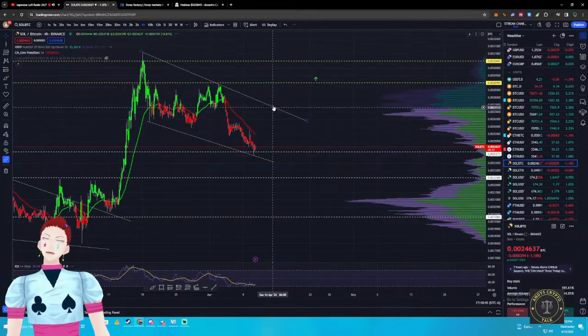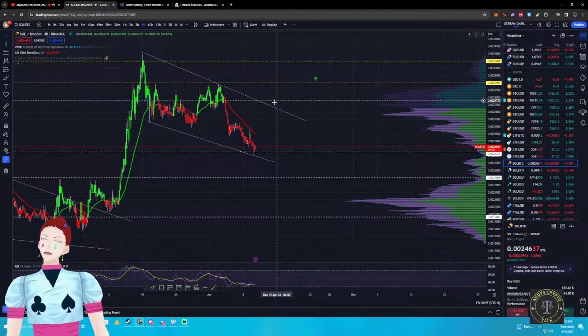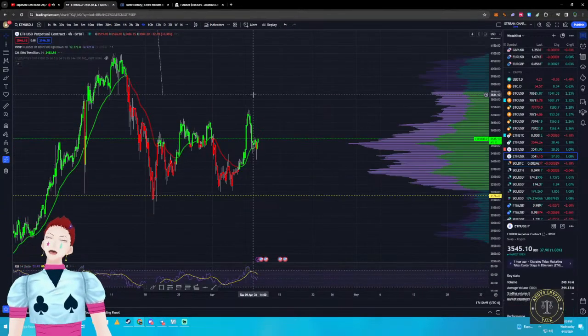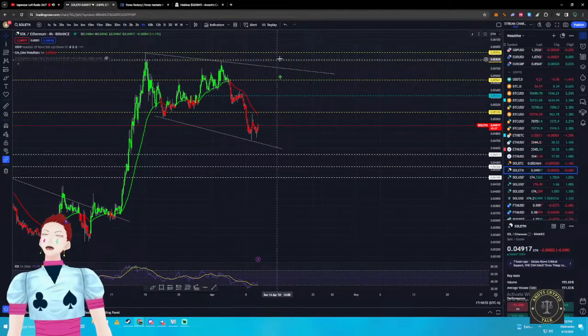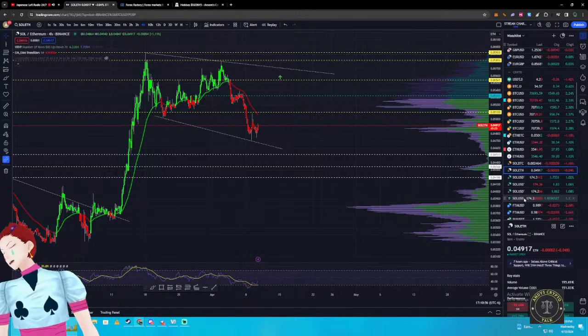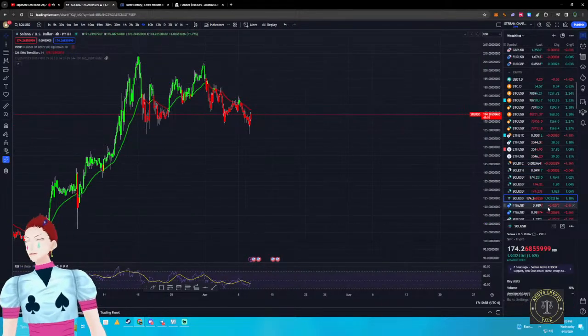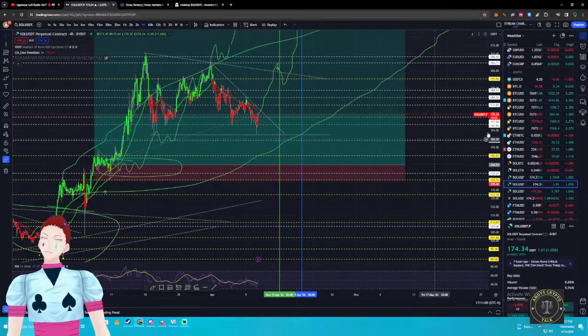Like we were just looking at that. At that point, we're looking at this Solana BTC breakout, Sol ETH breakout, right around the same time there. And off to the races for Solana.